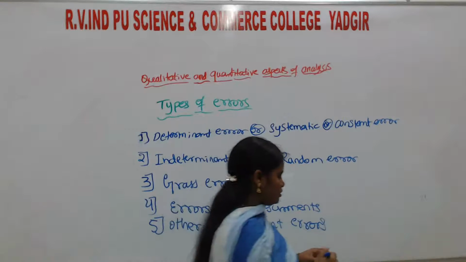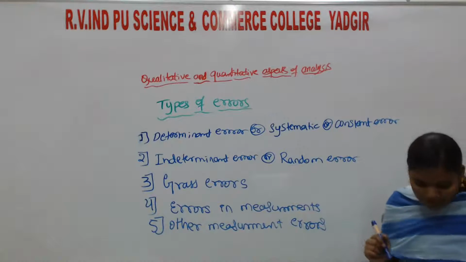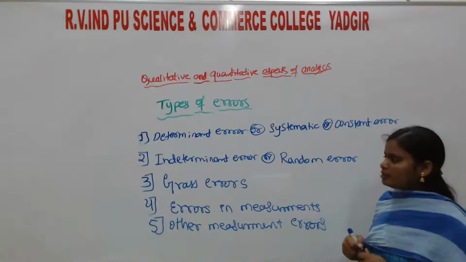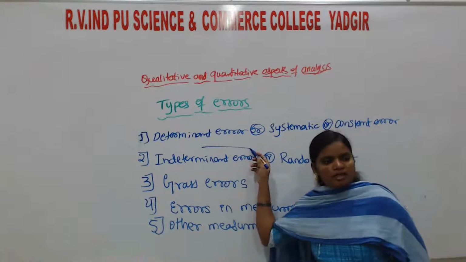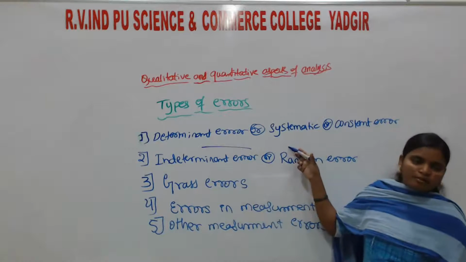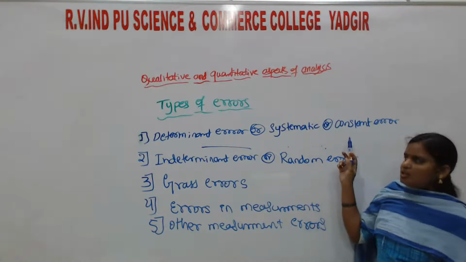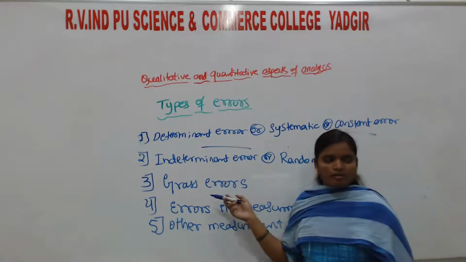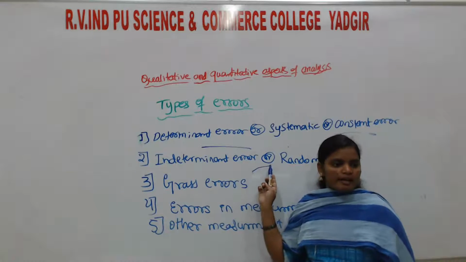According to the types of errors, there are five types of errors. One is the determinate error, also known as a constant or systematic error. The second type is the indeterminate error, also known as a random error.